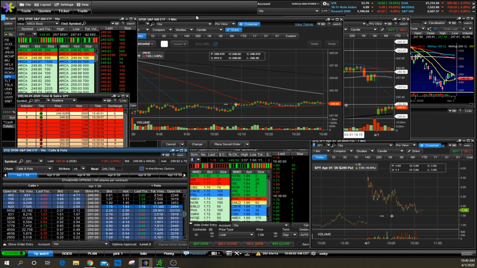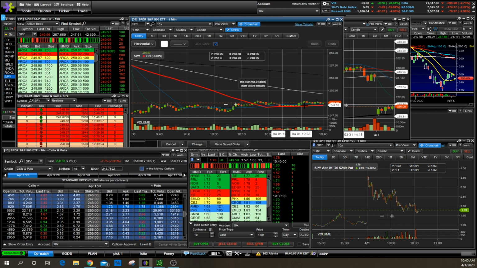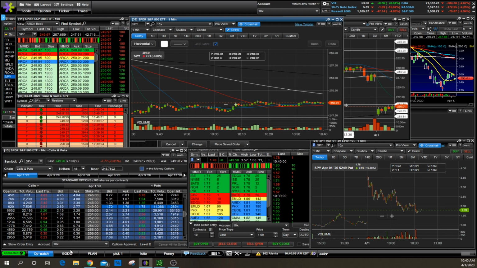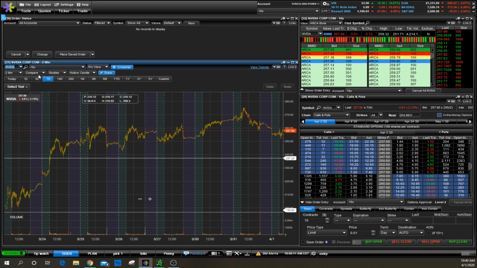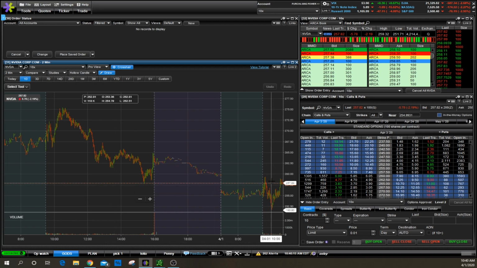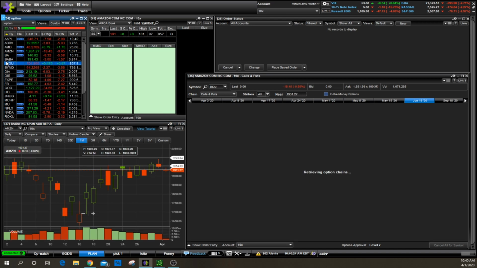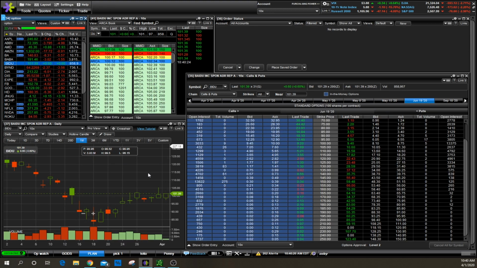Let's see, SPY, just holding along. NVIDIA, oh, nice little pump action here. And this is where I usually scroll through the watch list and the option chain.